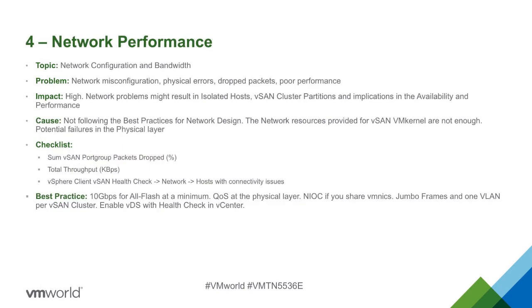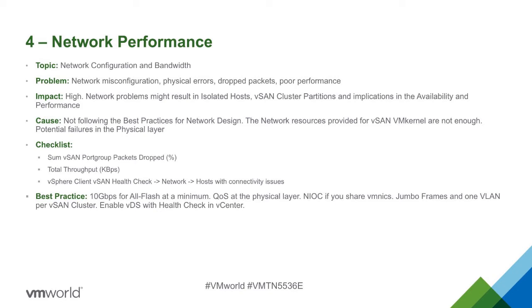Okay, network performance. The kind of issues that we may have with network resources may be different. It's possible to have a network partition, it's possible to have poor performance for those components, and of course, it's possible to see a host isolated.